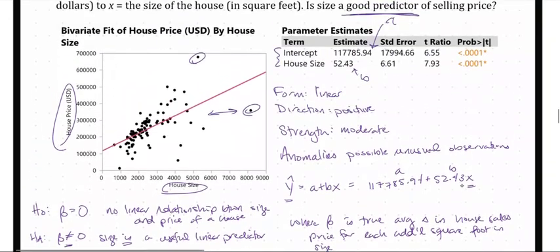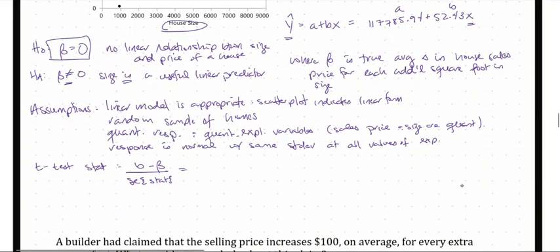If we look in our output, we see that our sample slope is 52.43 and the standard error of our sample slope is 6.61. We remember that our hypothesized value for the true population parameter is 0. So we will plug that in, and we would do 52.43 minus the hypothesized value of 0 over the standard error of 6.61.